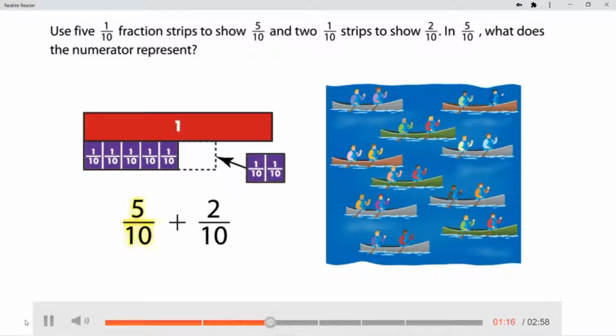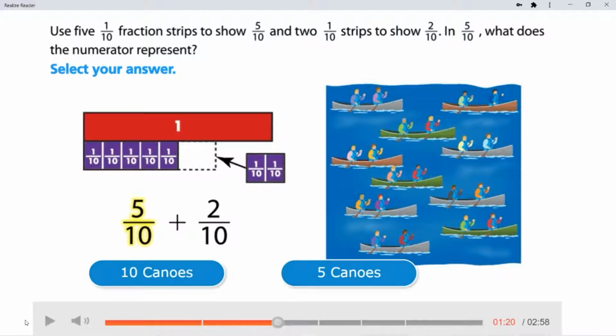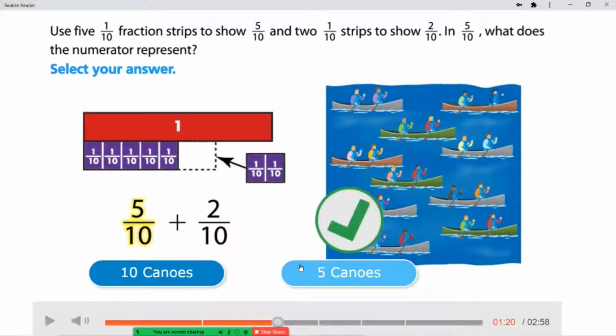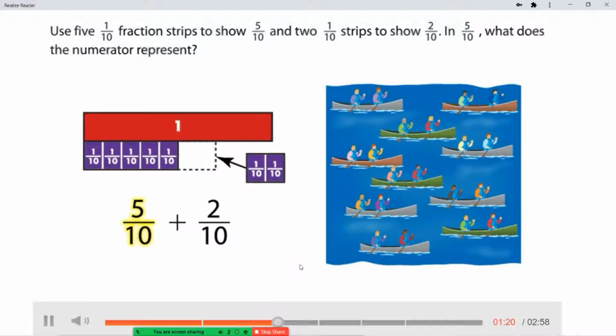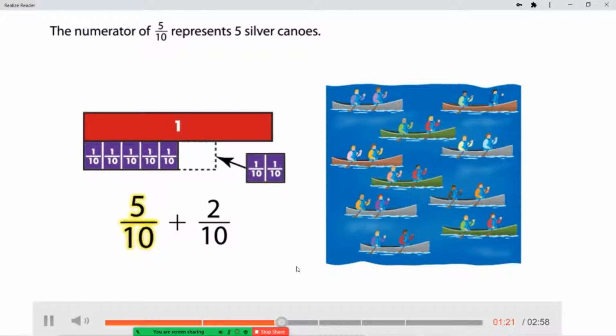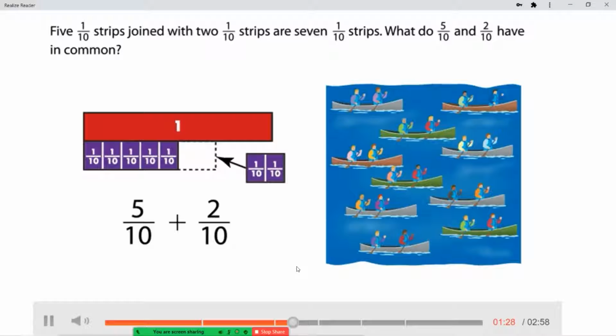In 5/10, what does the numerator represent? Select your answer. The numerator of 5/10 represents 5 silver canoes. 5 1/10 strips joined with 2 1/10 strips are 7 1/10 strips.